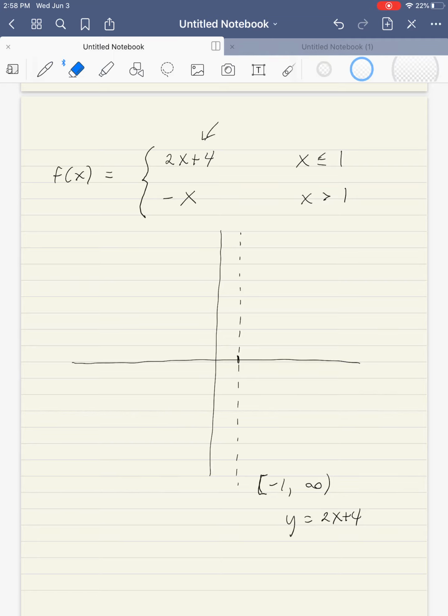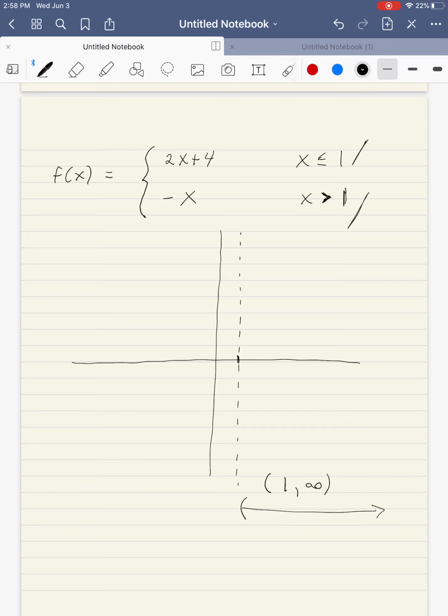For the portion of the graph, oops, I did that backwards. For the portion of the graph that is greater than 1, which would be this, but notice I am not including 1. Strictly greater than 1 is this portion of the graph from here over, not including 1.